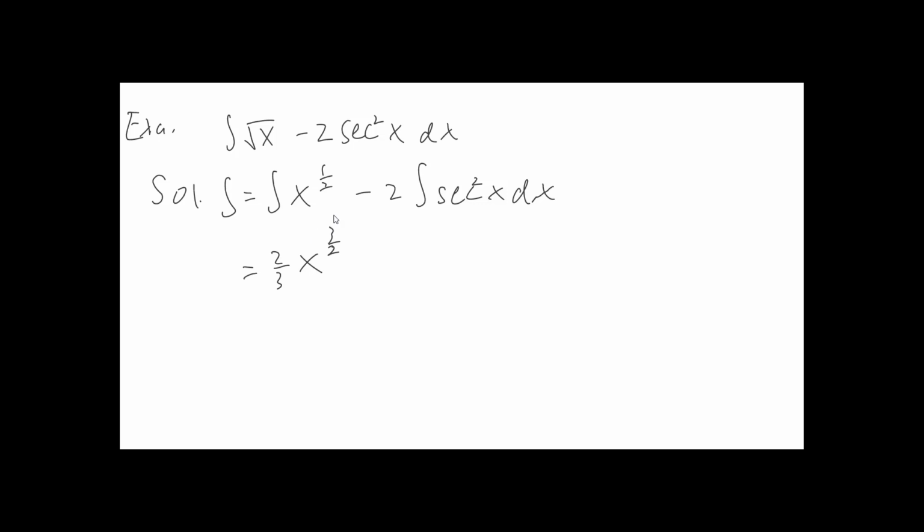So this is correct. Minus 2 times secant square, you just have to know that the antiderivative of secant square is equal to tangent x. So that is the answer. And then, as always, you need to put a plus C at the end. All right, so this is all for the topic of indefinite integrals.